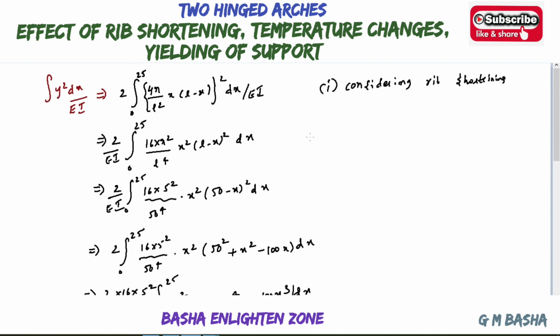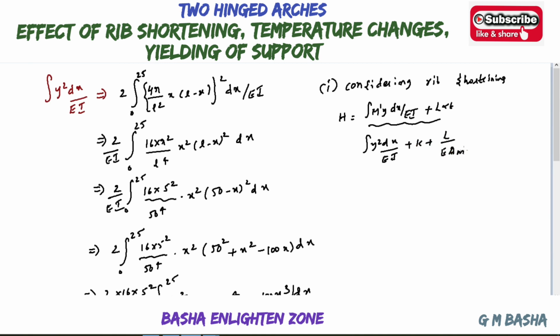Okay, so what is the formula for the rib shortening? Horizontal thrust will be equal to integral of m dash y dx by EI plus L alpha t, divided by integral of y square dx by EI plus k plus L by EA.